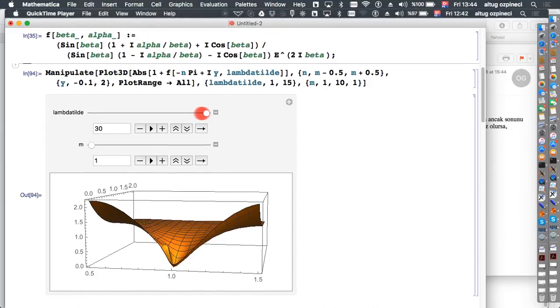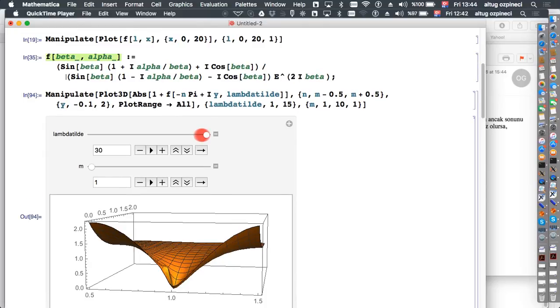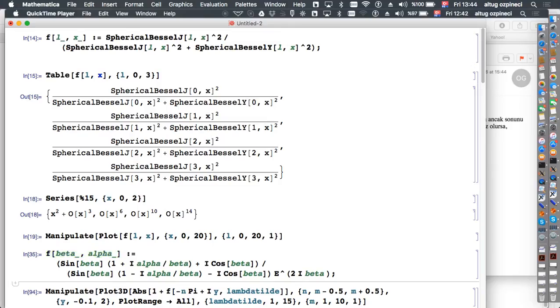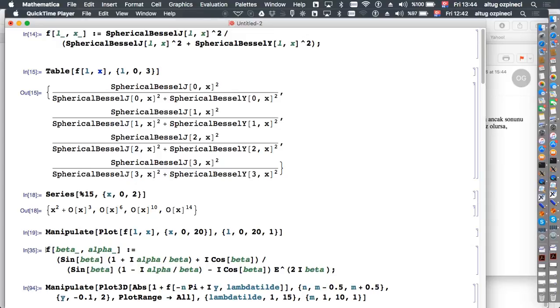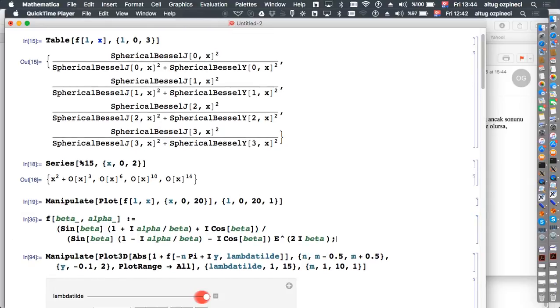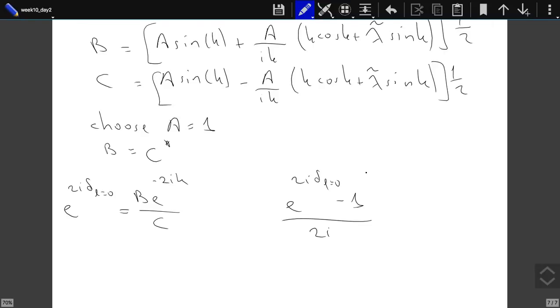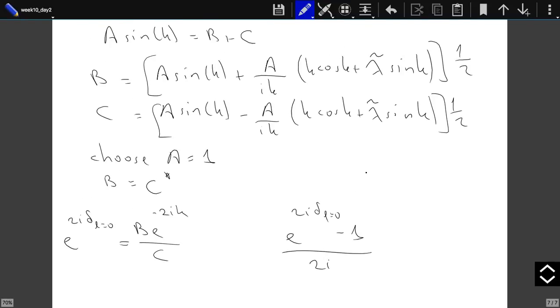So I define this function f. If you look at this function f, it is nothing but this. If you just write b, take the sine in parentheses, b is a out.